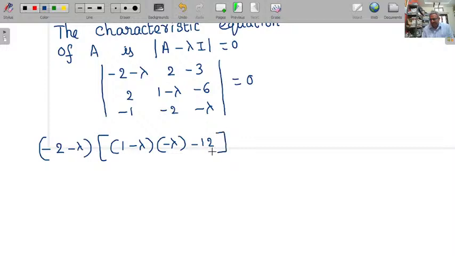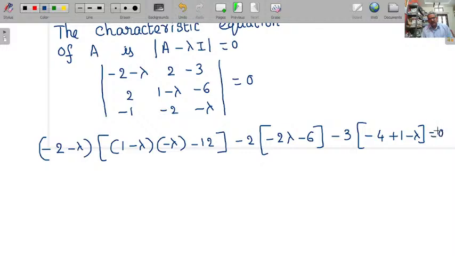I hope it's clear. You can check it while simplifying. Next, negative 2 times, deleting this row and this column, minus 2 lambda minus 6, and negative 3 times minus 4, this is positive, plus 1 into 1 minus lambda plus 1 minus lambda is equal to 0.